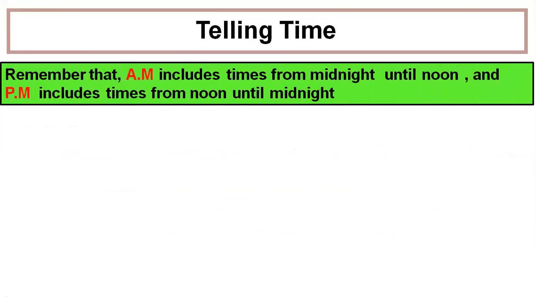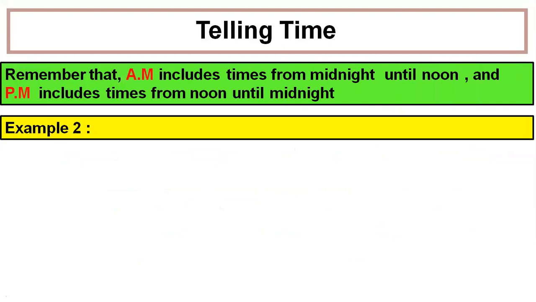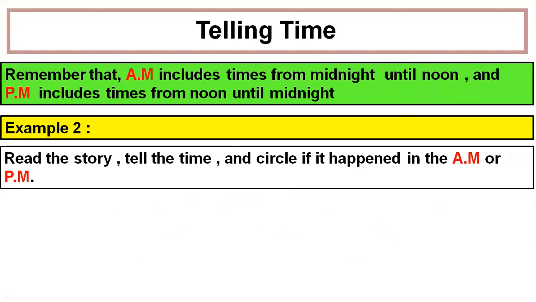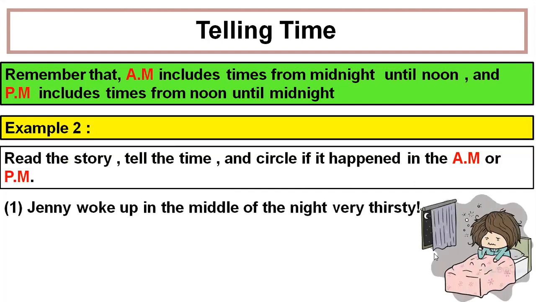Now, look at this. Don't ever forget that AM includes times from midnight until noon, and PM includes times from noon until midnight. Look at this example. Read these stories and circle if the story is happening in the AM or PM. This is Jenny.